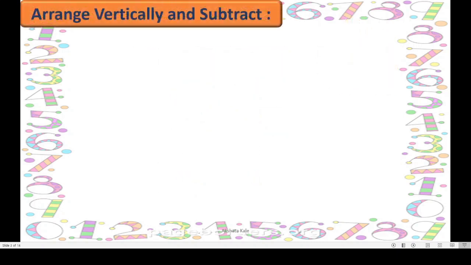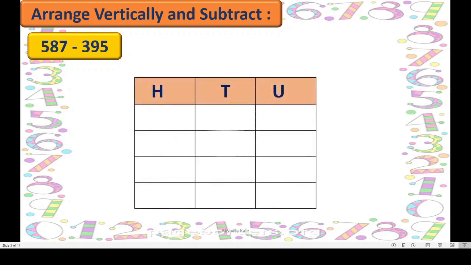Now arrange vertically and subtract. This is our today's portion. Here the numbers are 587 minus 395. These are given in a horizontal arrangement, that is in sleeping mode. Now we will write them first in vertical arrangement.